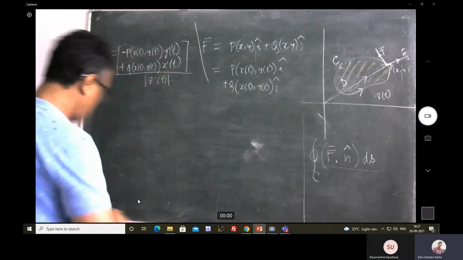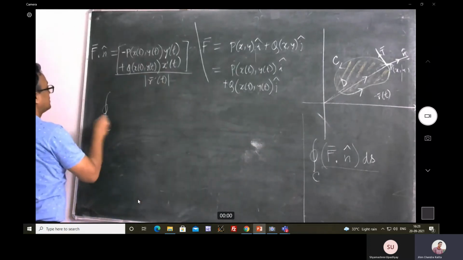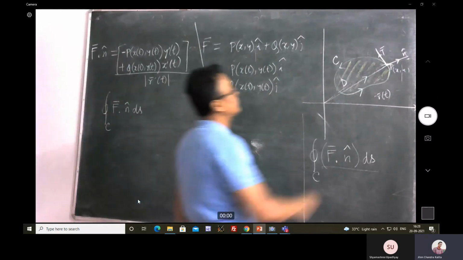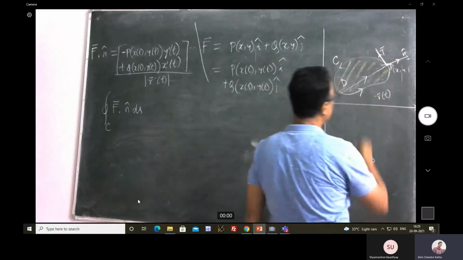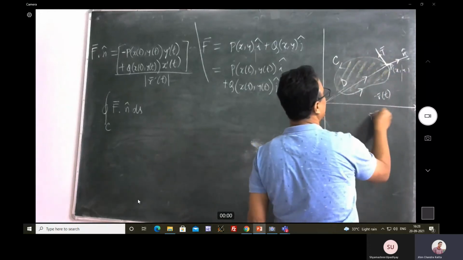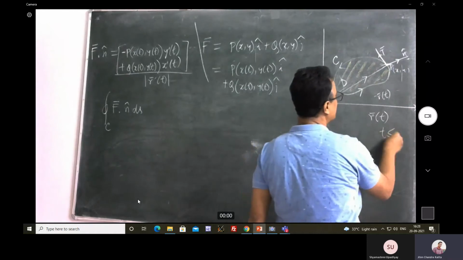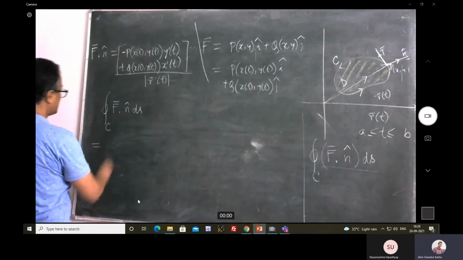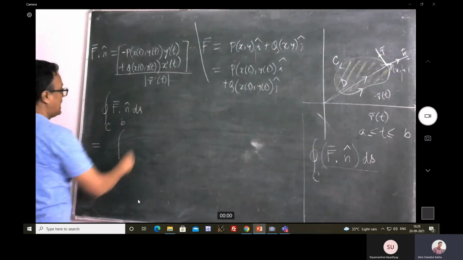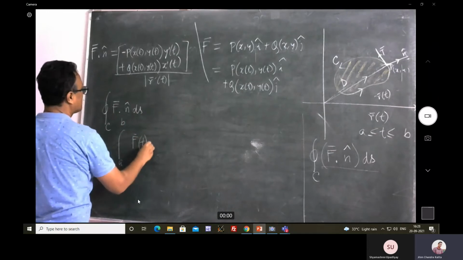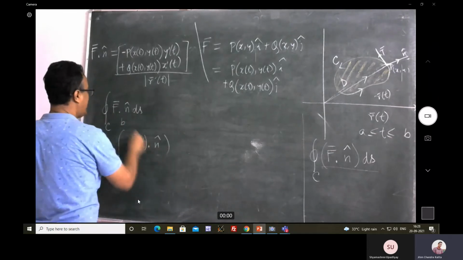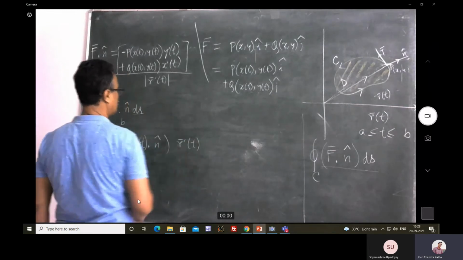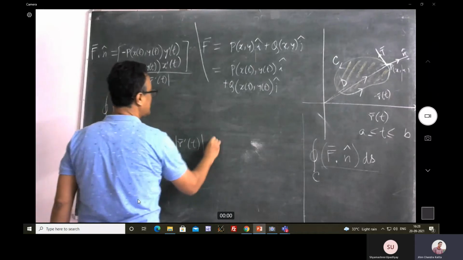And if you recall the value of this line integral, if I consider this curve C to be parameterized by r(t), and t lies between a and b, then this is simply the integral from a to b of f as a function of t, and ds becomes the magnitude of r prime t dt.